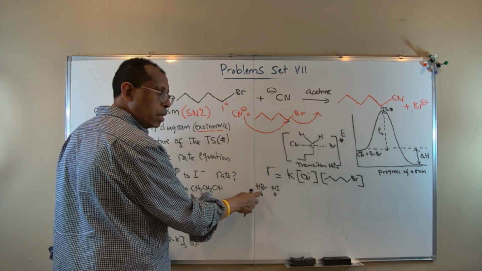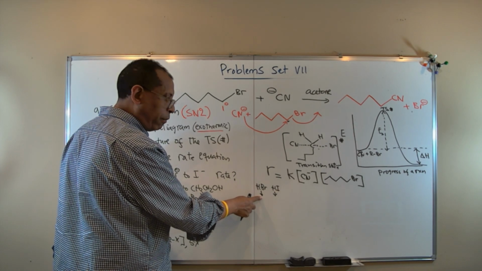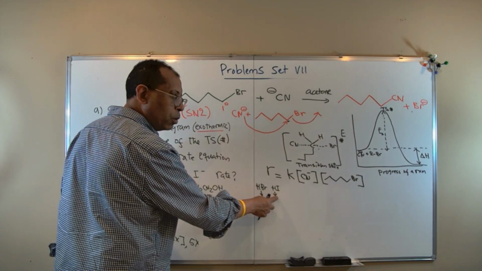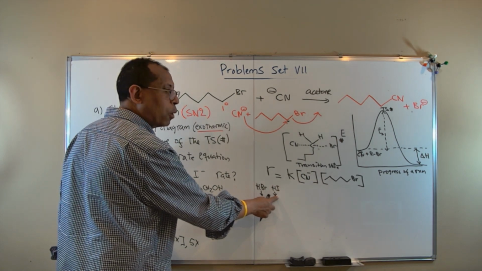So Br minus would be a stronger base and a stronger nucleophile, but I minus would be a weaker base. That means it's a good leaving group.